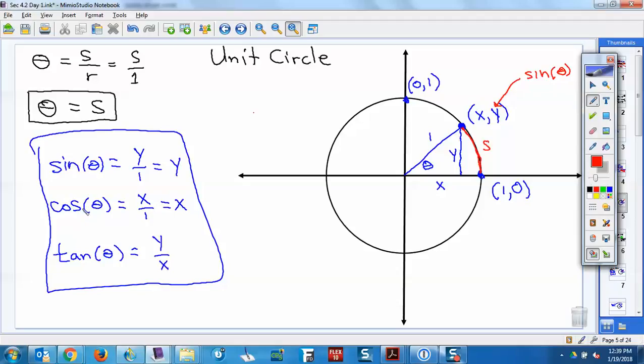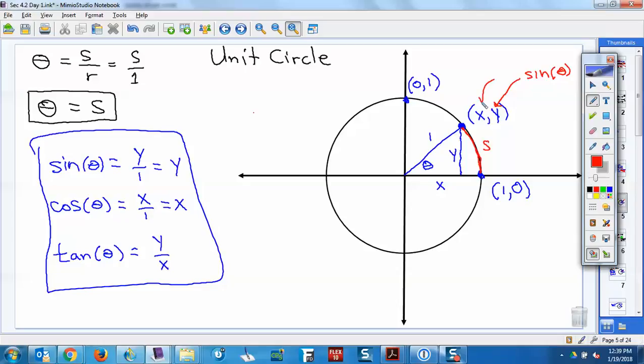Same with cosine. Cosine is adjacent over hypotenuse, x over 1. Again, that would only be true in the unit circle. Otherwise, this would be y over r, and this would be x over r. But when the radius is 1, it's helpful to us. So cosine theta is equal to x.